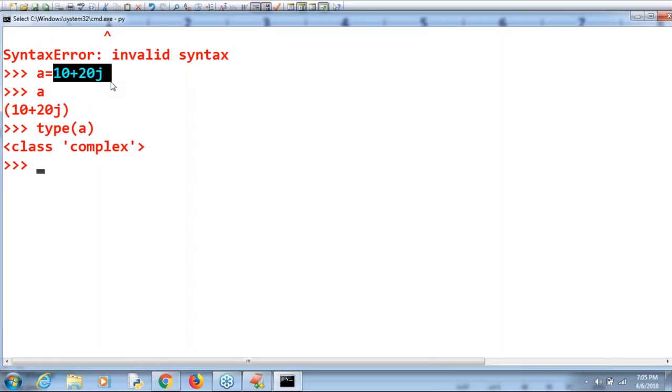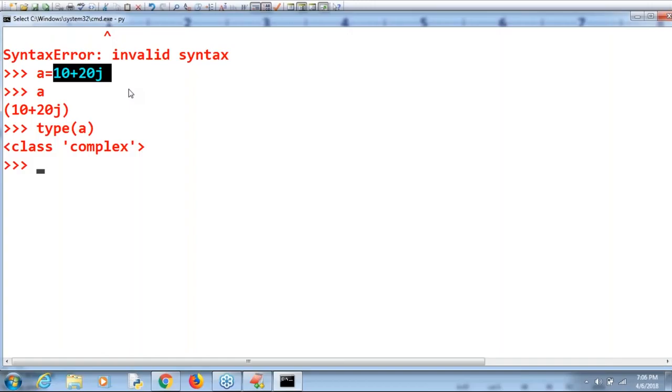So do you know where we are going to use this type of numbers? To develop mathematics based applications, you can use complex type. But for general applications, either web applications or normal desktop applications, we very rarely use it.